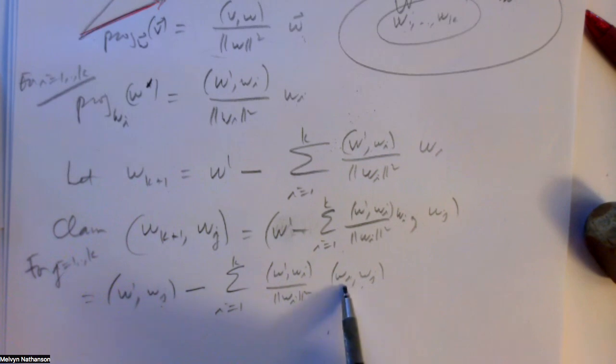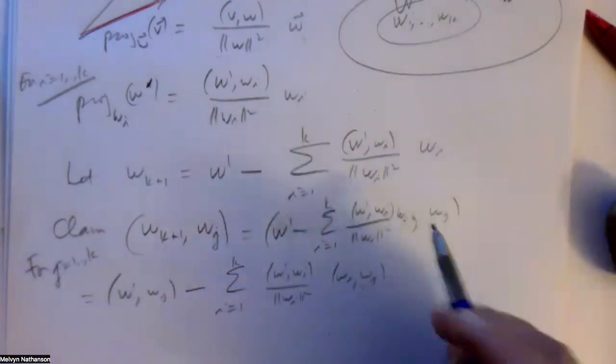Now this is 0 if i is different from j, because the vectors W_1 up to W_k are mutually perpendicular, orthogonal. So the only time we get a non-zero number here is when i equals j.